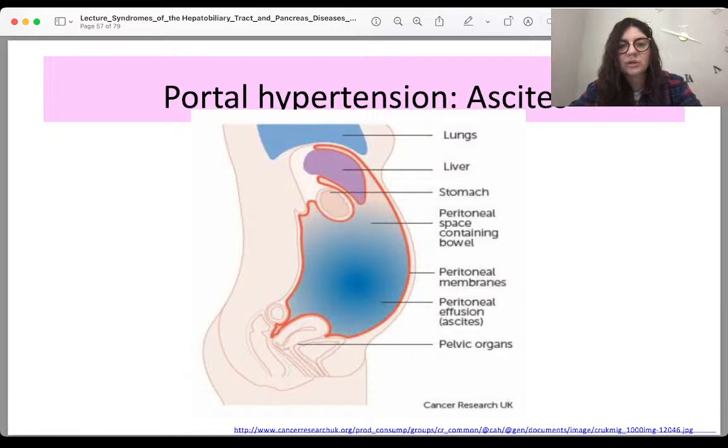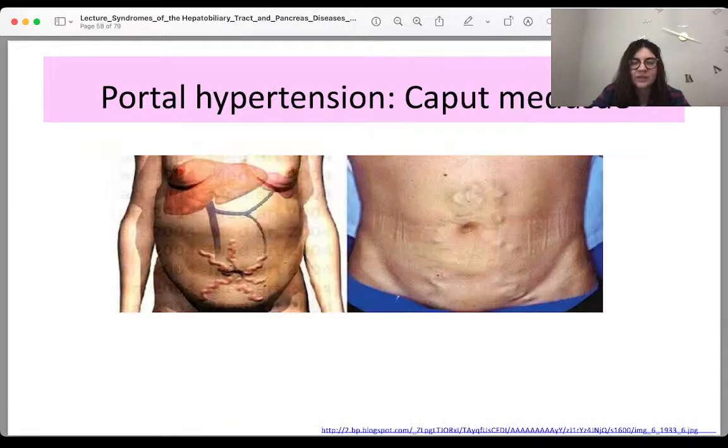And one more time, schematically, what can be affected in case of ascites. It is pressing on the lungs, the liver, the stomach, the bowel, it is pressing on the peritoneal membranes, and on pelvic organs in case of significant ascites.